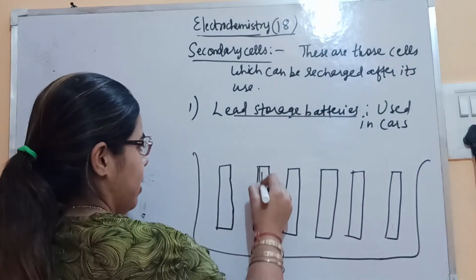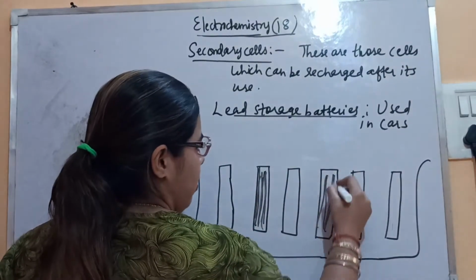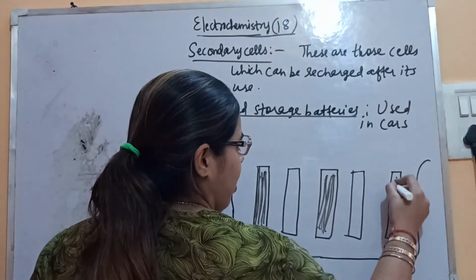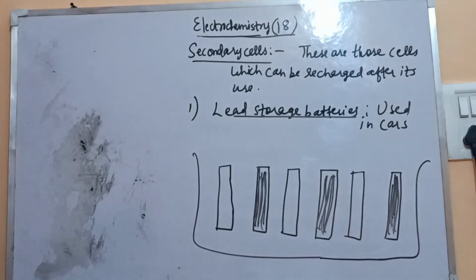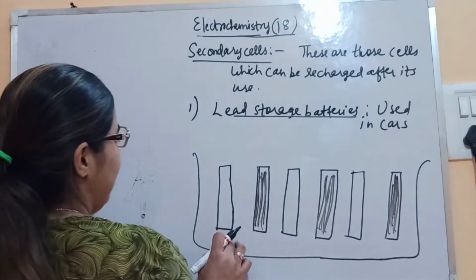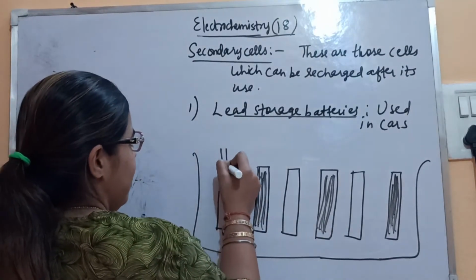Let's shade it. The shaded ones are the different electrodes, so the simple one is the anode and the other the cathode, like this. We join these together.